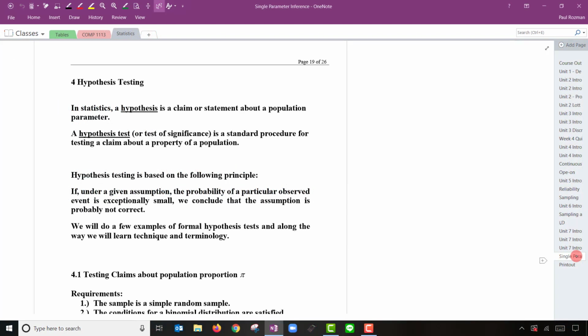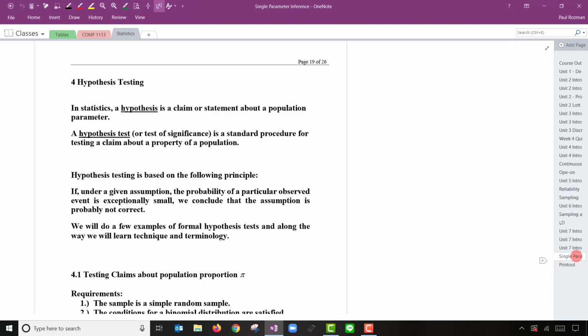Hypothesis testing is different from confidence intervals in that with confidence intervals, we tend to want to know something about a population parameter. Say we're interested in knowing the mean of a population or a certain proportion about a population, and we don't really have any other knowledge yet.